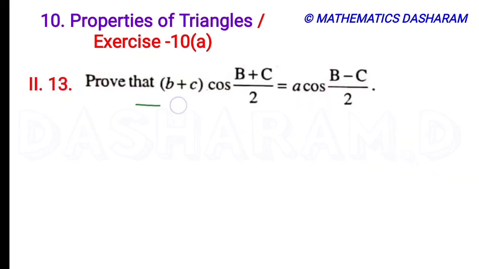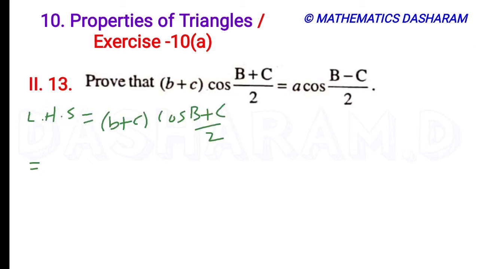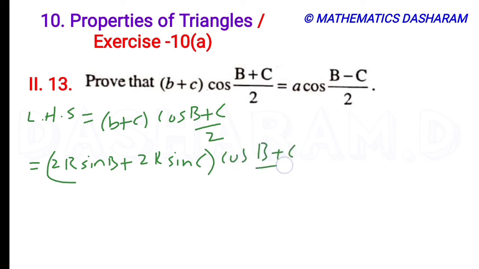13th problem, prove that b plus c into cos (b plus c)/2 equals a into cos (b minus c)/2. So let's take the LHS. From the sine rule, the b formula is 2r sin b and the c formula is 2r sin c, into cos (b plus c)/2.